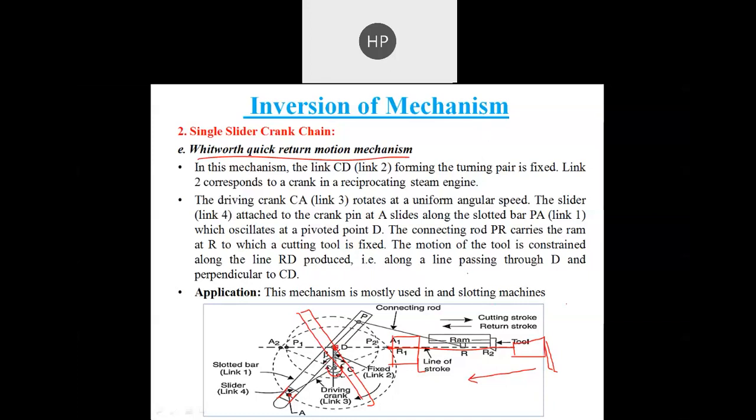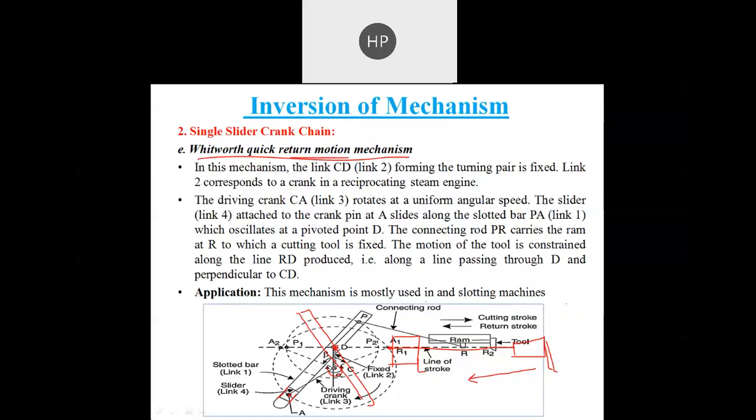And again, this is because in the cutting stroke we have to cut the material, while in the return stroke we have to save time, because there is no cutting action. That is why the return mechanism is quick as compared to its forward mechanism, and that's why it is known as a quick return mechanism.